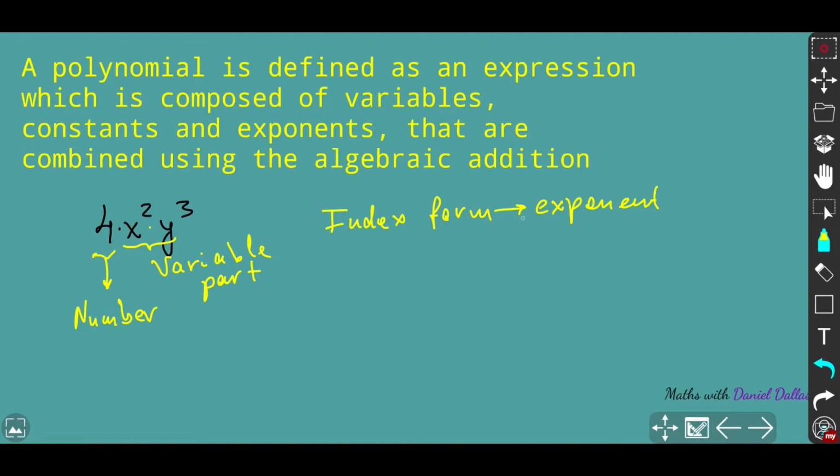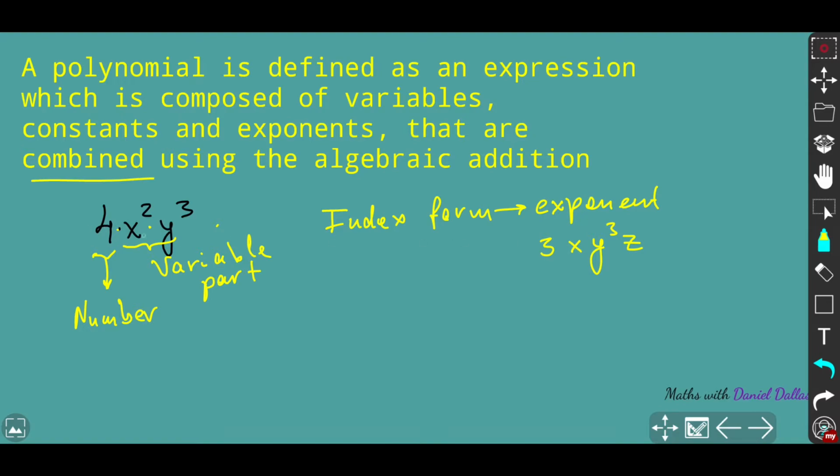So they are combined together with multiplication, but the words combined using algebraic addition mean that there are several terms which are composed of a number part and a variable part, and they combine using algebraic addition. So that means if you have another term, let's say 3x y cubed and probably z, for example, just let it be another variable.